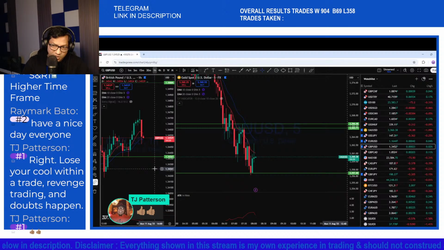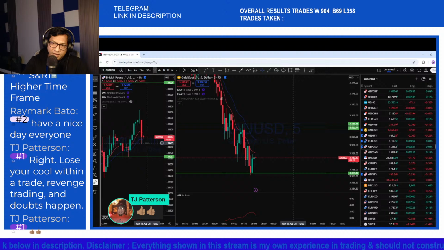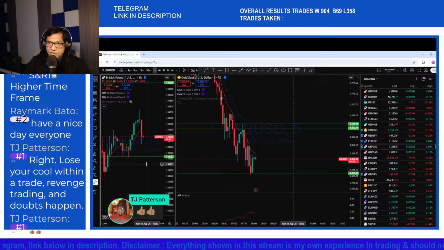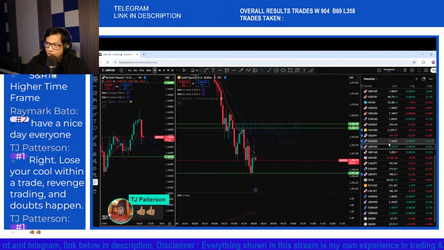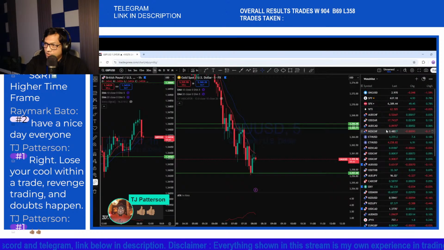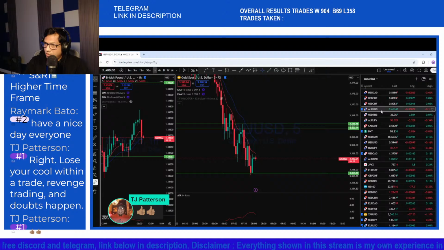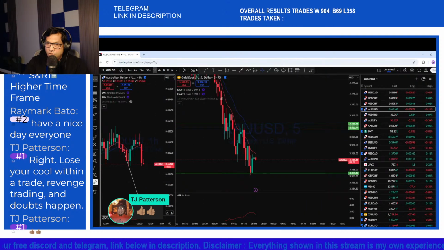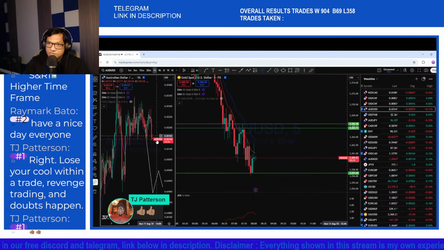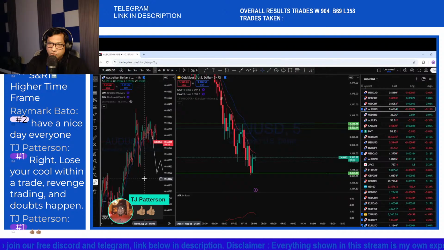So a break that we can see in an instrument such as GBPUSD can also have a greater impact on the other USD pairs, such as AUDUSD. If you look at AUDUSD, you can see the market is breaking from this high after this consolidation.